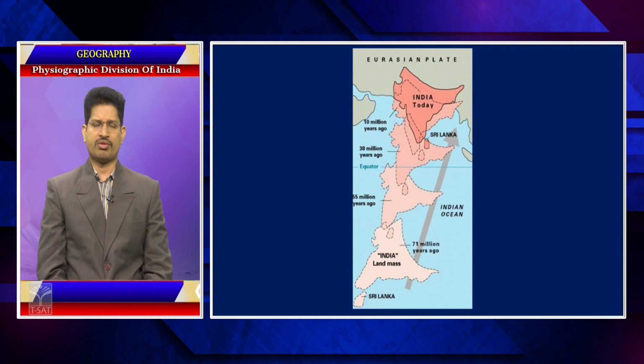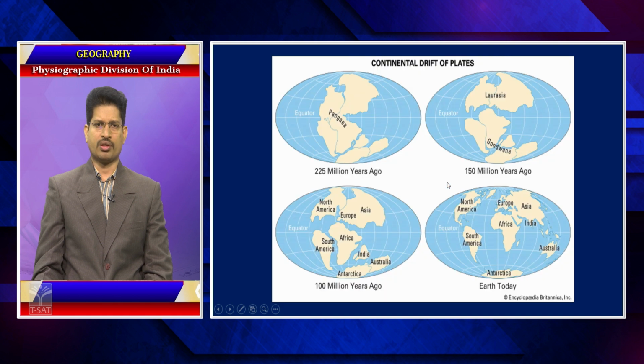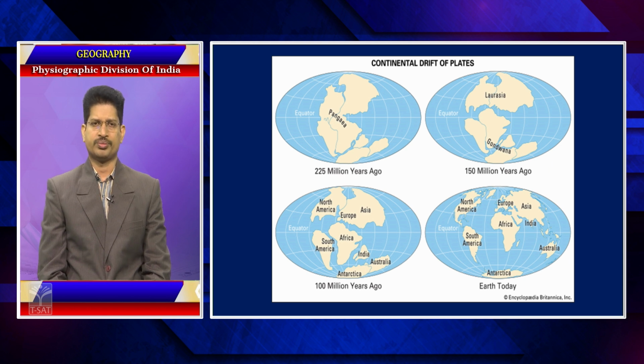Gondwana itself was formed from Pangaea. To help you understand, the configuration of the continents around 225 million years ago shows Pangaea, a mega continent from which Panthalassa and Gondwana were formed. Panthalassa is otherwise also known as Laurasia.